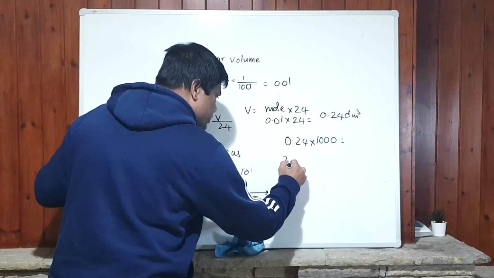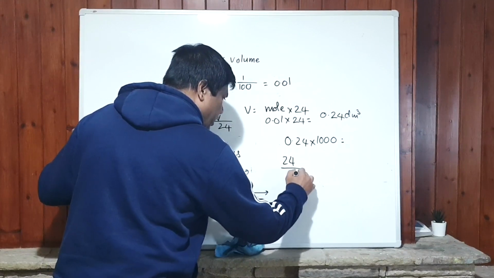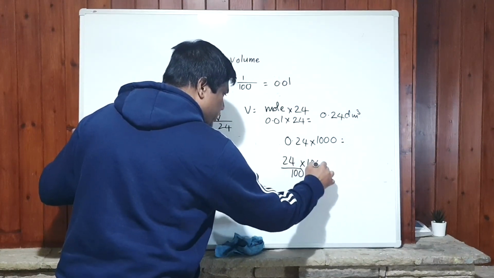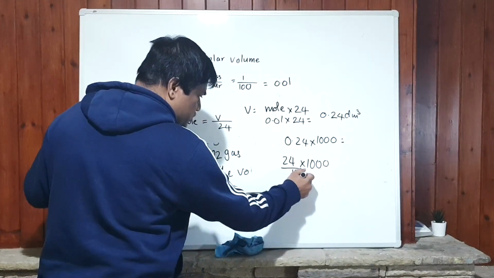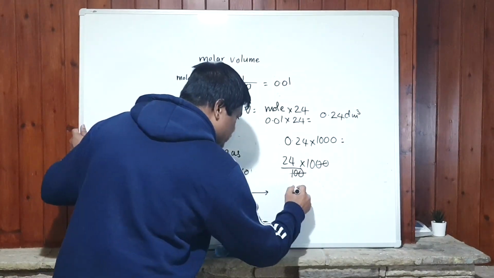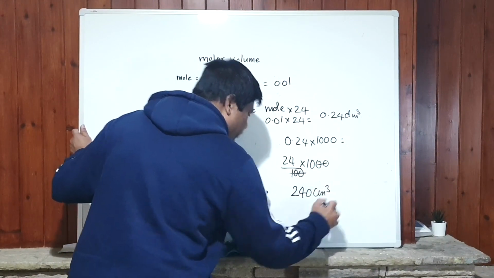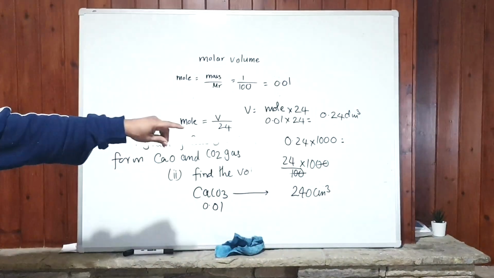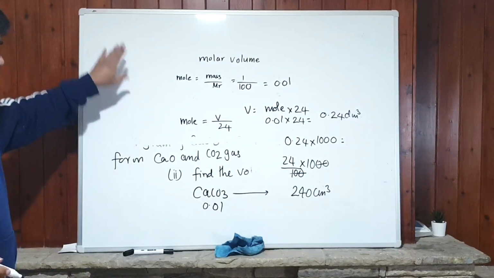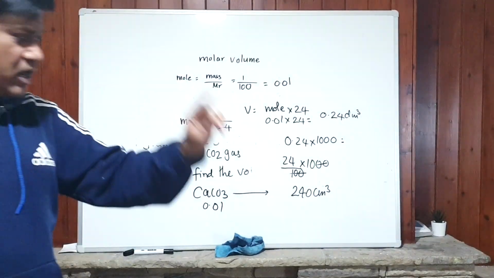You can write 0.24 divided by 100 times 1000, easy. So this 20 cancels, that 20 cancels, so 240 centimeter cube. That's the volume of the carbon dioxide formed when we heat 1 gram of calcium carbonate.